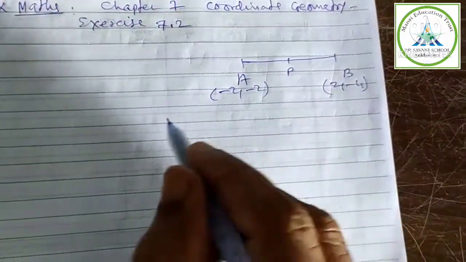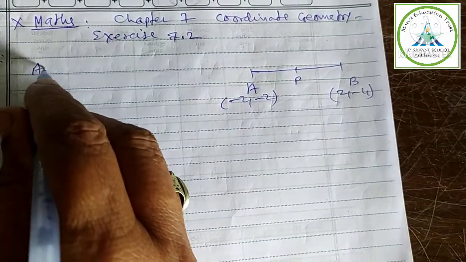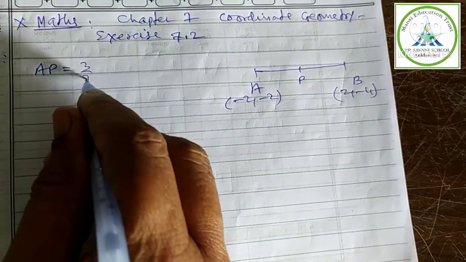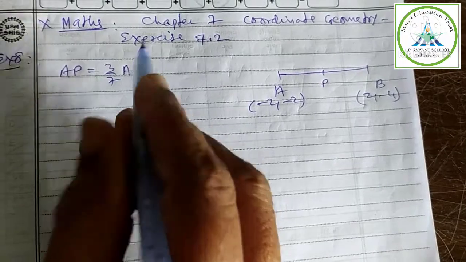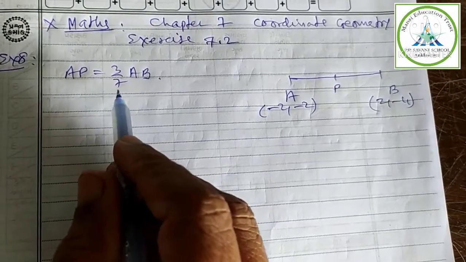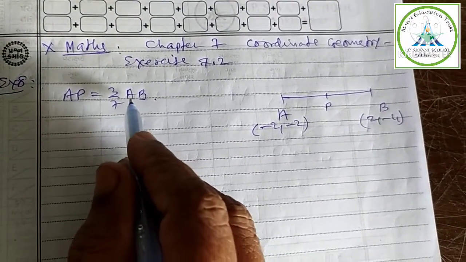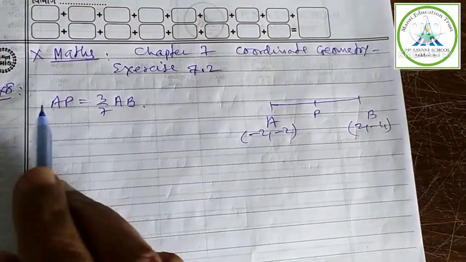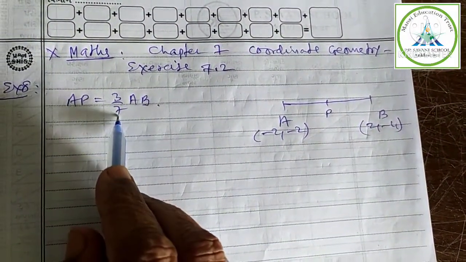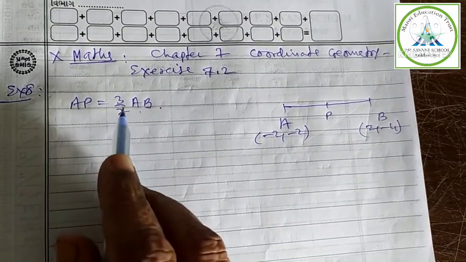And you are given the ratio AP equals 3/7 AB. From this ratio, remember, it is very easy to see: AB is the complete part and AP is 3 out of 7 of AB.